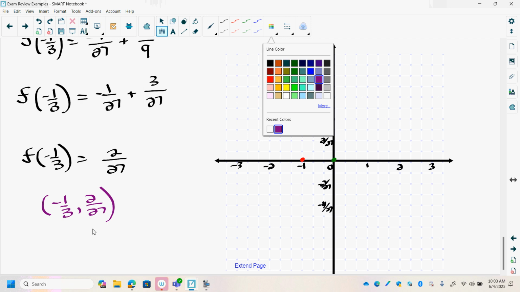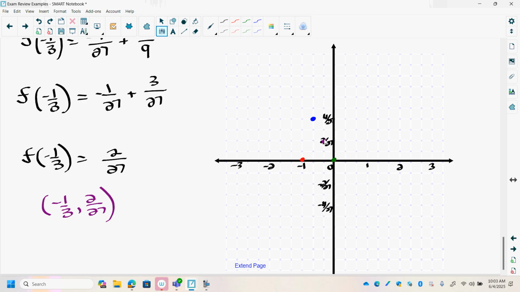A maximum and a minimum. And this guy right here, what was this? Right. I'm going to go 1/3 of a block to the left and I'll go up 2/27. Do I have any other points? No, I've got my x-intercept, my y-intercept, my maximum, my minimum, and my inflection point.